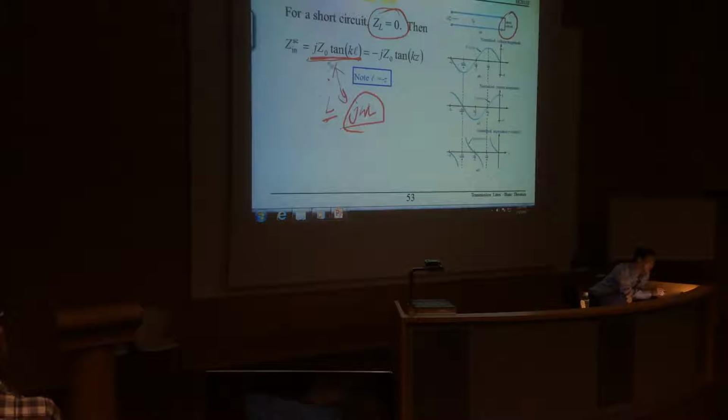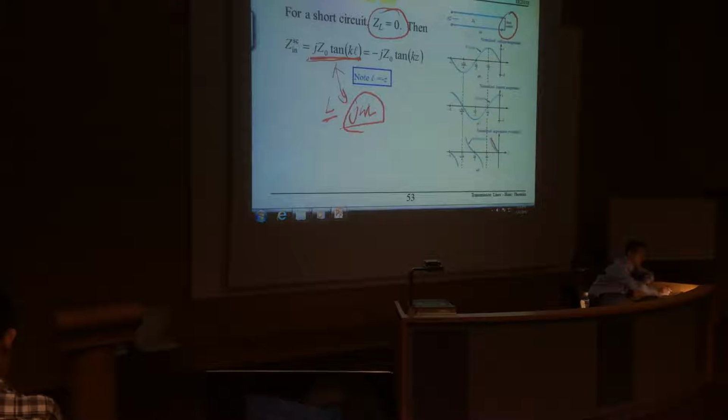So a short circuit with a short distance, less than lambda over 4, can be considered as an inductor. This means that at microwave frequencies, you can realize an inductor by using one section of short-circuited line.